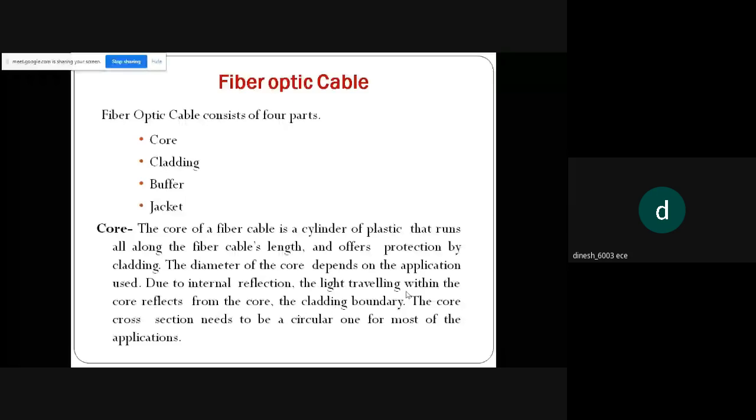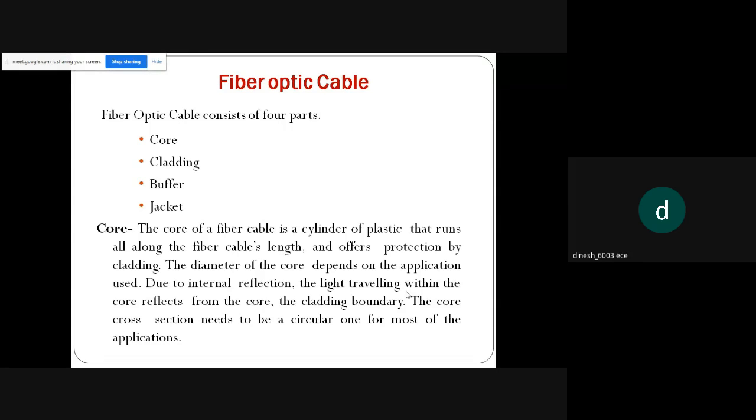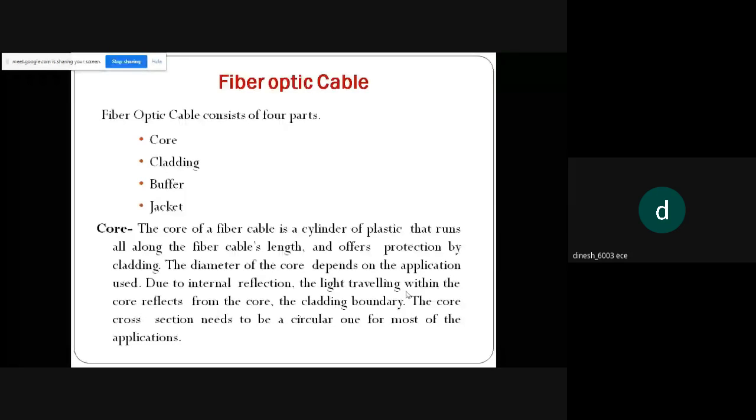The core, which is the inner part of the fiber cable, is a cylinder of plastic that runs all along the fiber cable's length. Only in this core will the light travel.